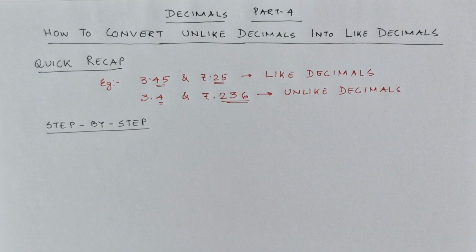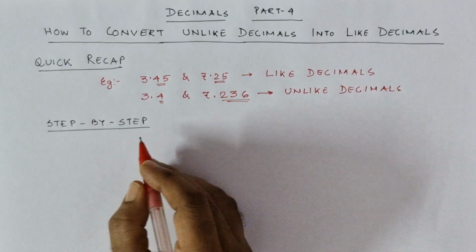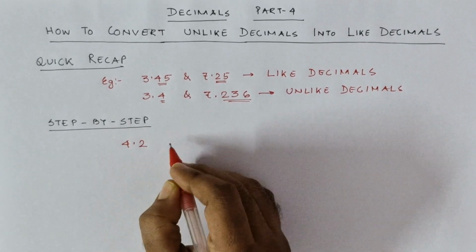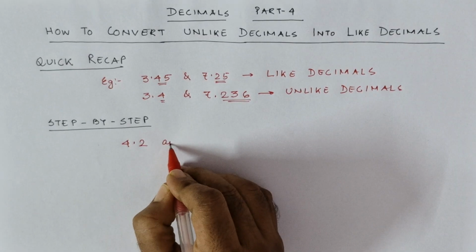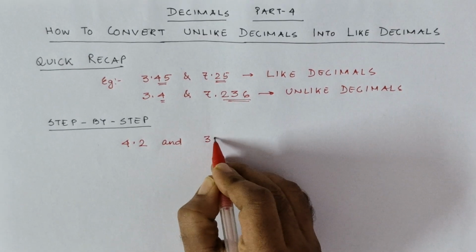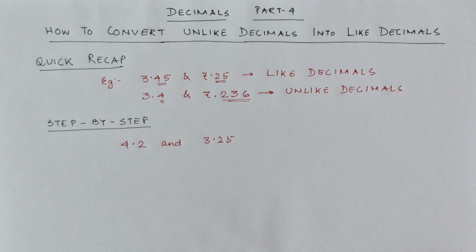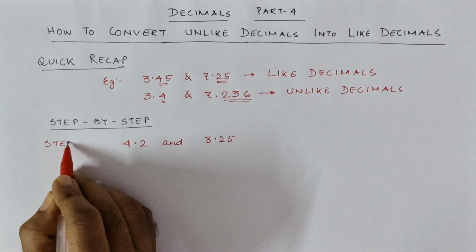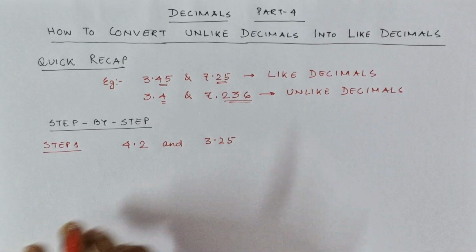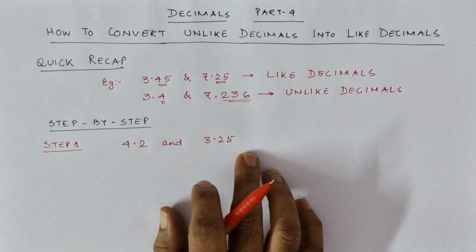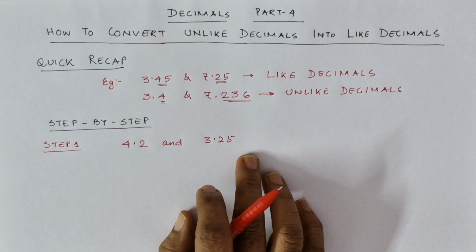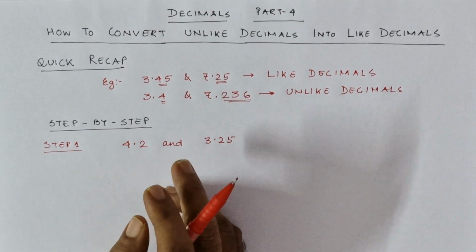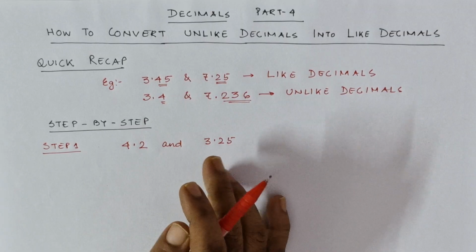Okay, so let's study step by step. We'll take two numbers: one is 4.2 and the other is 3.25. Step 1: you have two decimals, so identify the number of digits after the decimal point in each number.